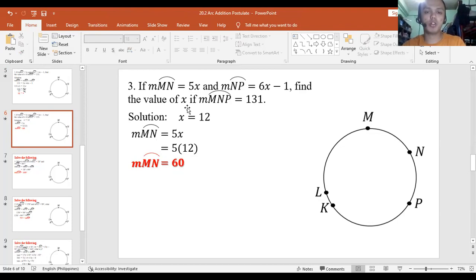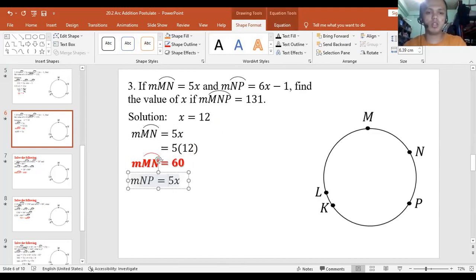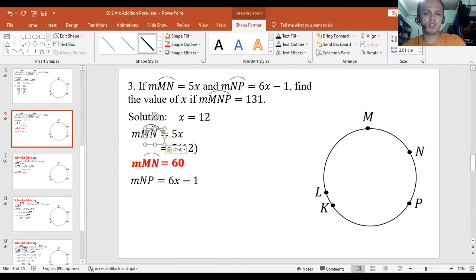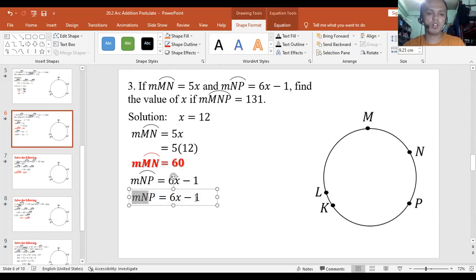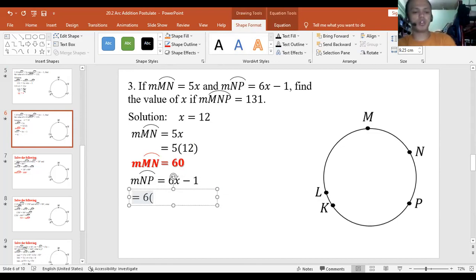What about NP? Sorry, NP. Our NP is equal to 6x minus 1. Okay, substitute your x to 12.